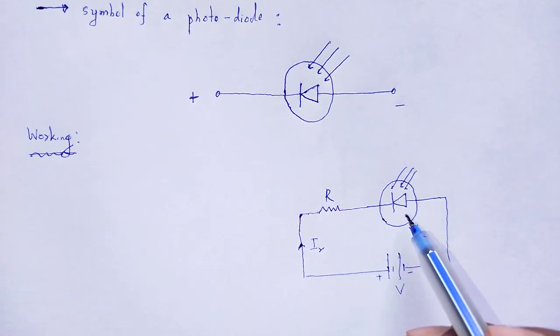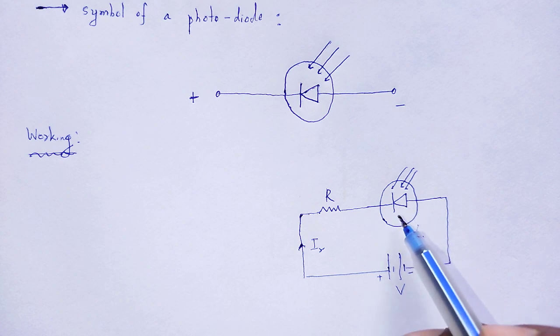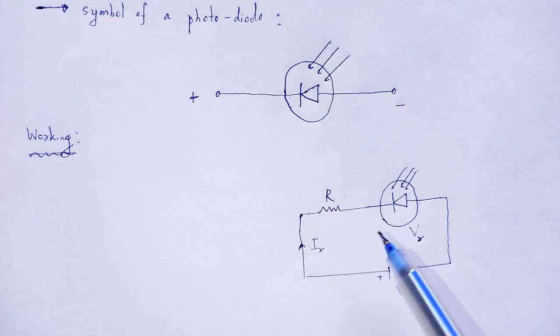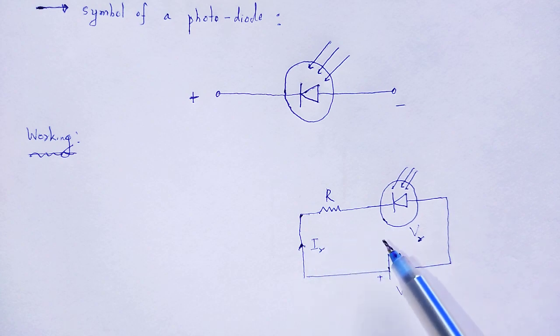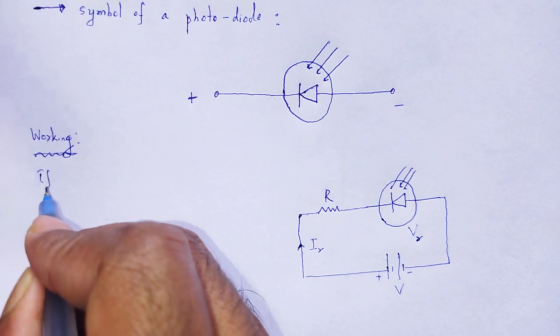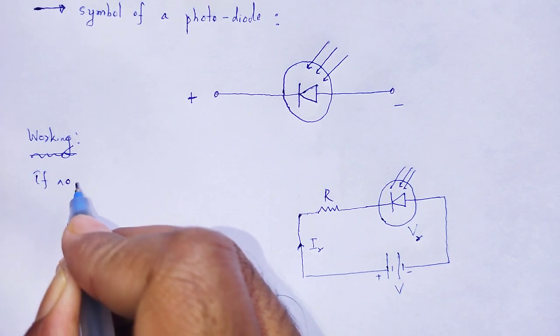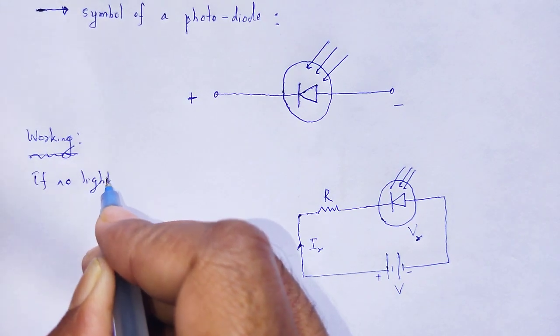If no light is incident on the p-n junction of a photodiode, then the reverse current I of R is very small, and this small reverse current is known as dark current.